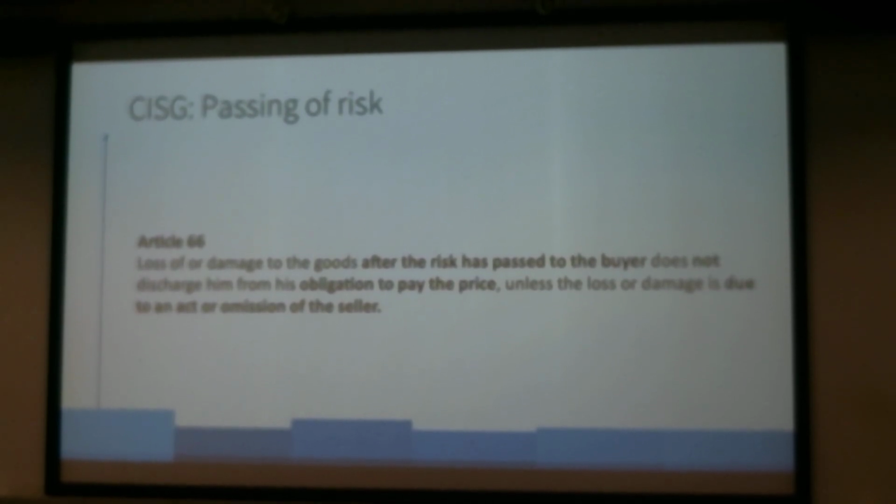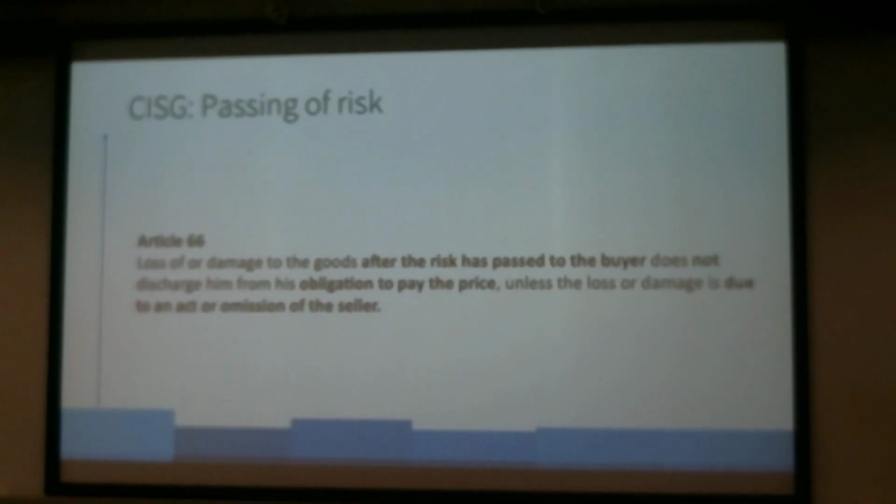At this point, when Apple hands them over, the risk goes over to BI, which means anything that happens from this point on is BI's risk. BI has to cover any damage to the goods. If laptops leave New York and they sink before they get to Oslo, BI still has to pay. Apple doesn't have to deliver new computers.